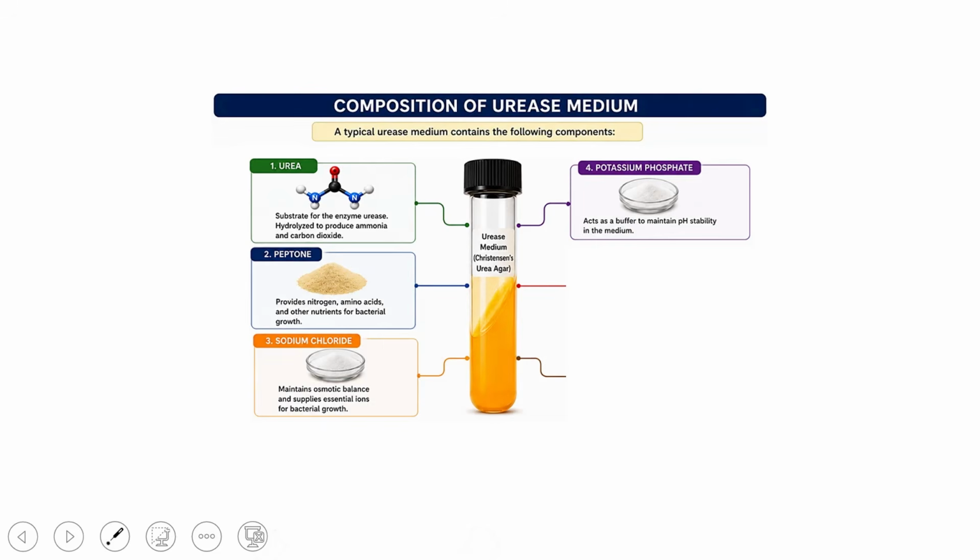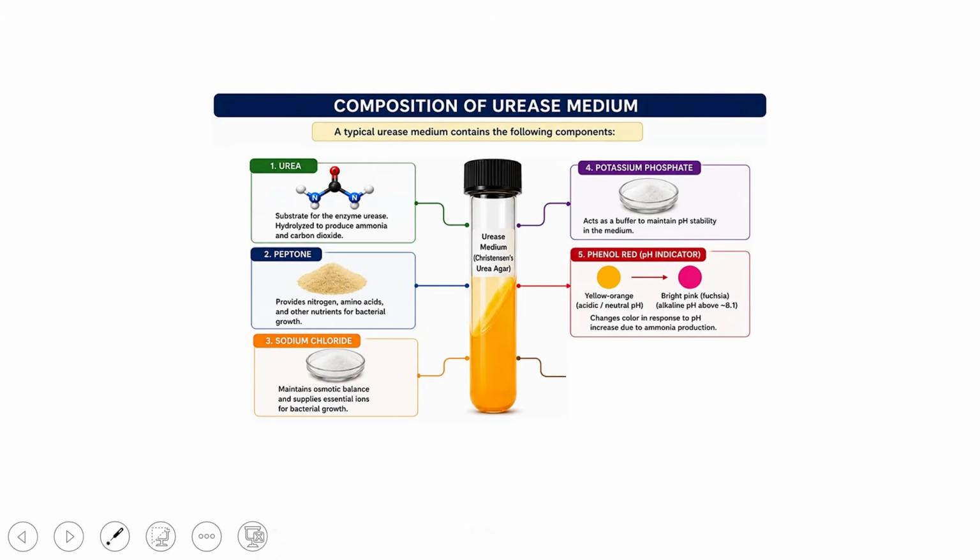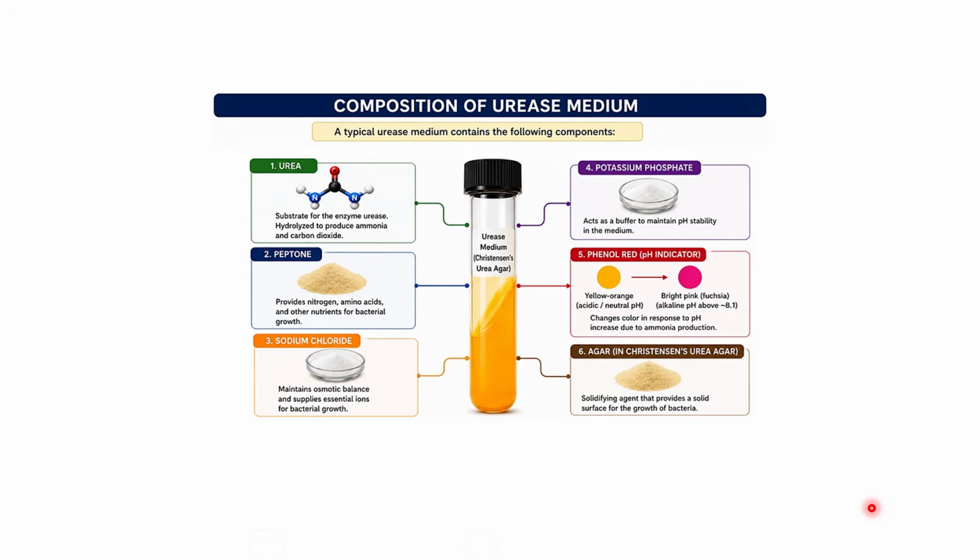Potassium phosphate, that acts as a buffer to maintain pH stability in the medium. 5. Phenol red, that acts as a pH indicator and changes color in response to pH increase due to ammonia production. And 6. Agar, that acts as a solidifying agent that provides a solid surface for growth of bacteria.